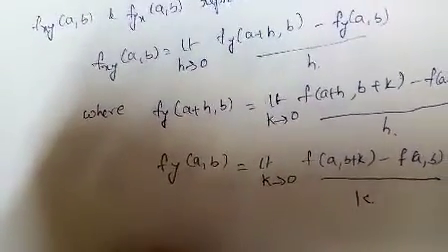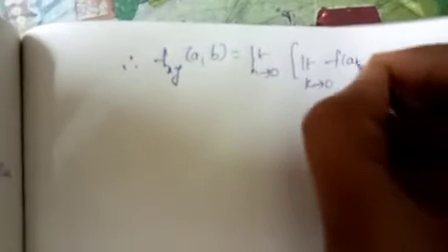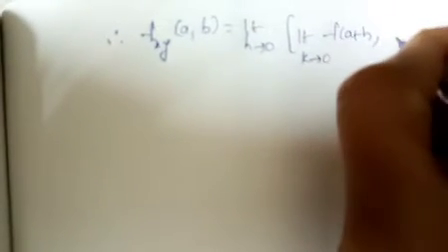So therefore fxy of a comma b equal to limit h tends to 0 of limit k tends to 0 f of a plus h comma b plus k minus f of a plus h comma b minus f of a comma b plus k plus f of a comma b by hk.